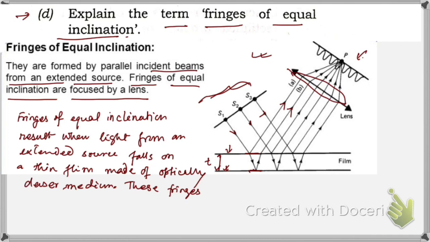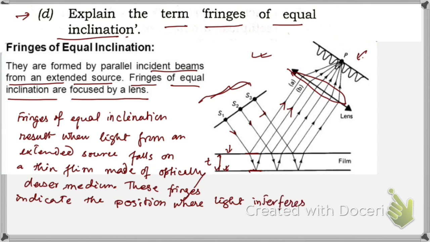indicate the position where light interferes, emerging from the medium at an equal angle.